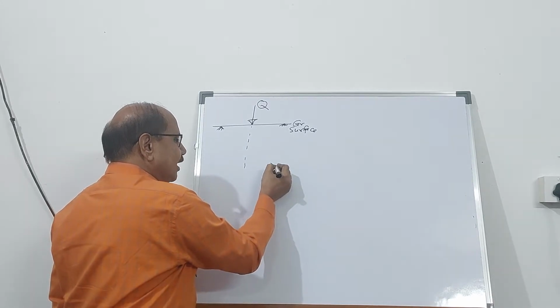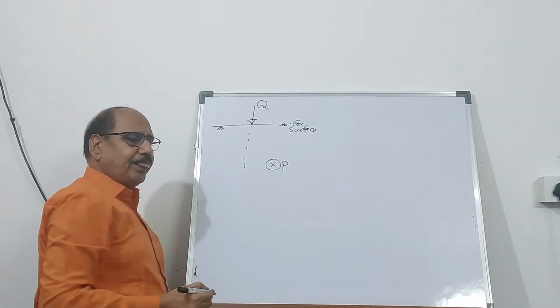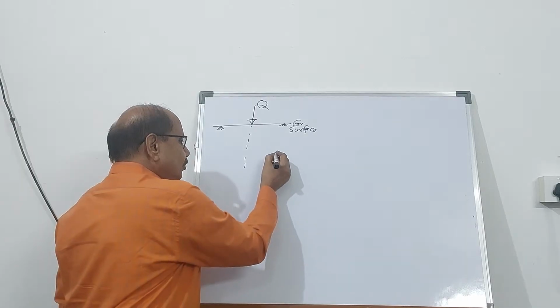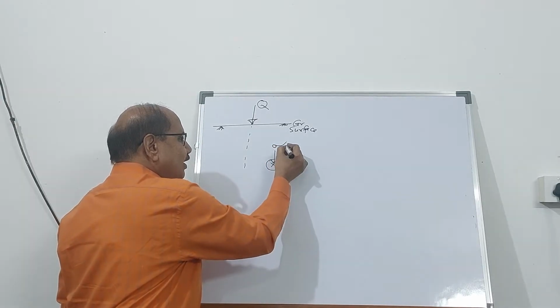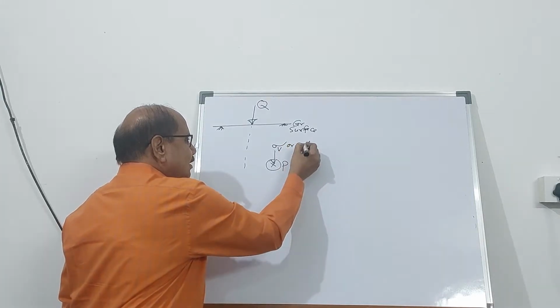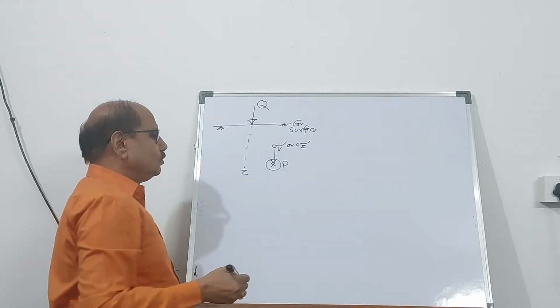Say any point we can take. This is the point P. What is the magnitude of the vertical stress? Sigma V, or we can say sigma Z, because this is the ZZ direction.